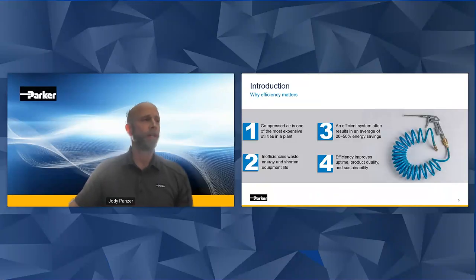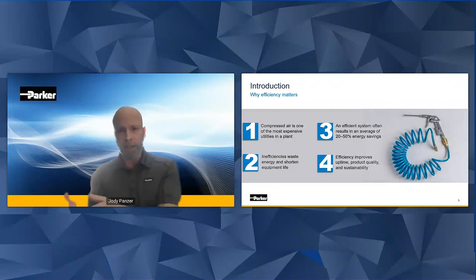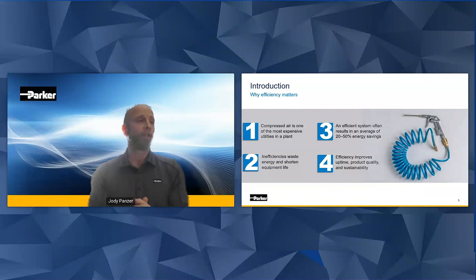So many people in plants don't realize that compressed air is one of the most, if not the most, expensive utilities in a plant. When thinking of compressors, a lot of times it's thought of just the upfront cost, but actually if you look at over 10 years, the equipment may be around 12%, preventative maintenance 12%, but really the electricity costs can average up to about 76%.